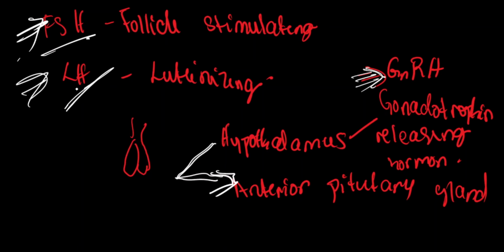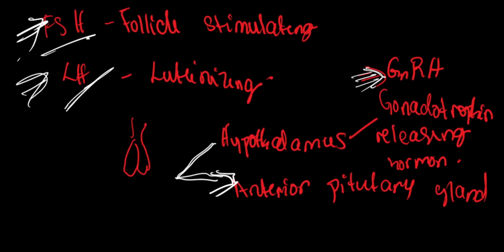Now the follicle stimulating hormone, as we stated earlier, stimulates the growth of the ovarian follicle, the development of the ovarian follicle, which is one of the steps in the ovarian cycle. And the luteinizing hormone is what triggers ovulation.